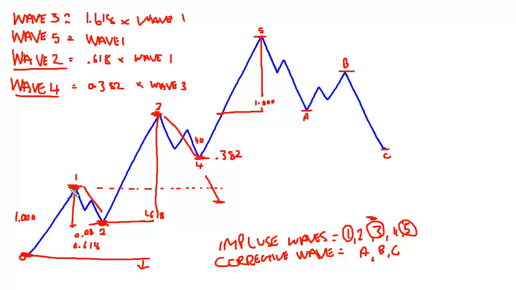It cannot be shorter than the distance of wave 1, and it cannot be shorter than the distance from here up to point 5. Wave 3 is normally what's referred to as an expansion wave or an extended wave. So once you've identified where wave 1 is, you can probably project a good area for wave 3.